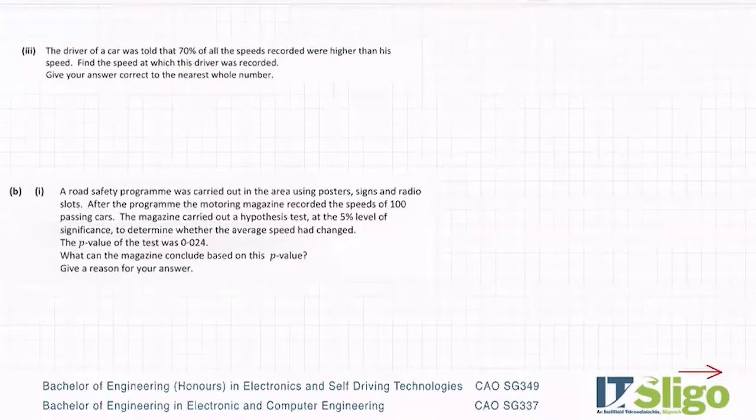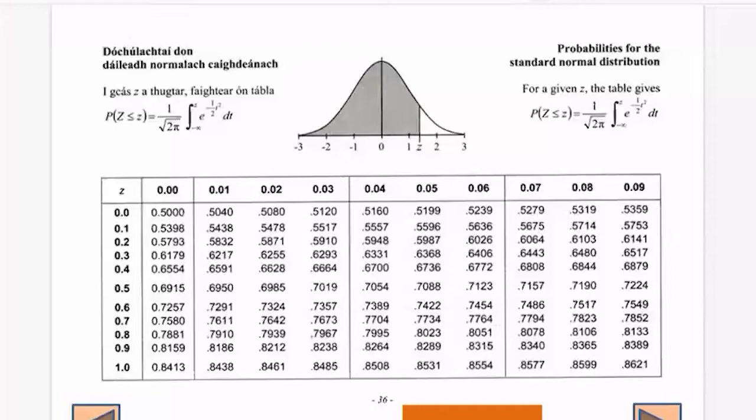They've kind of given you the answer and you're working backwards. Okay, so 70% is 0.7. So I'm going in here into the body of the table to see, can I find the closest value to 70%.